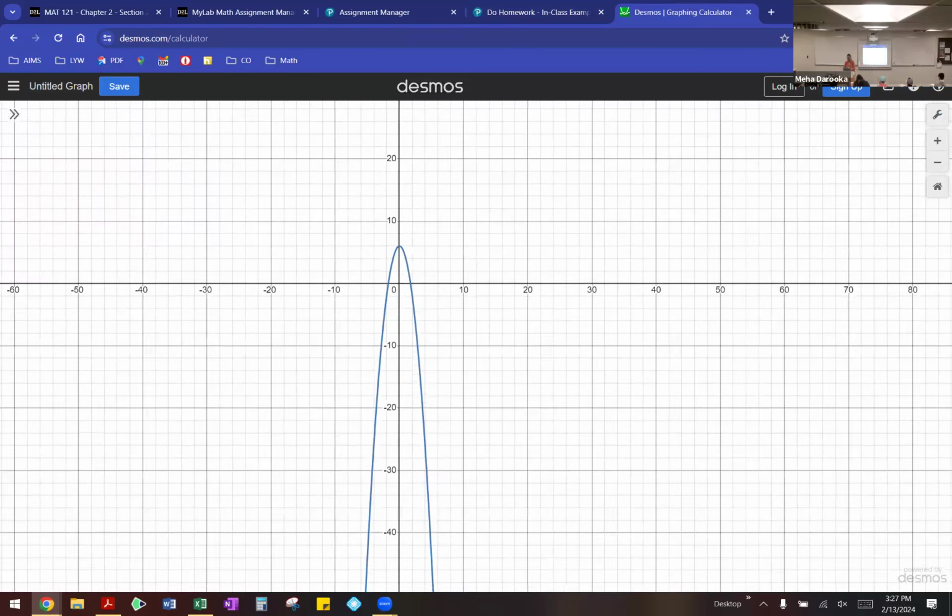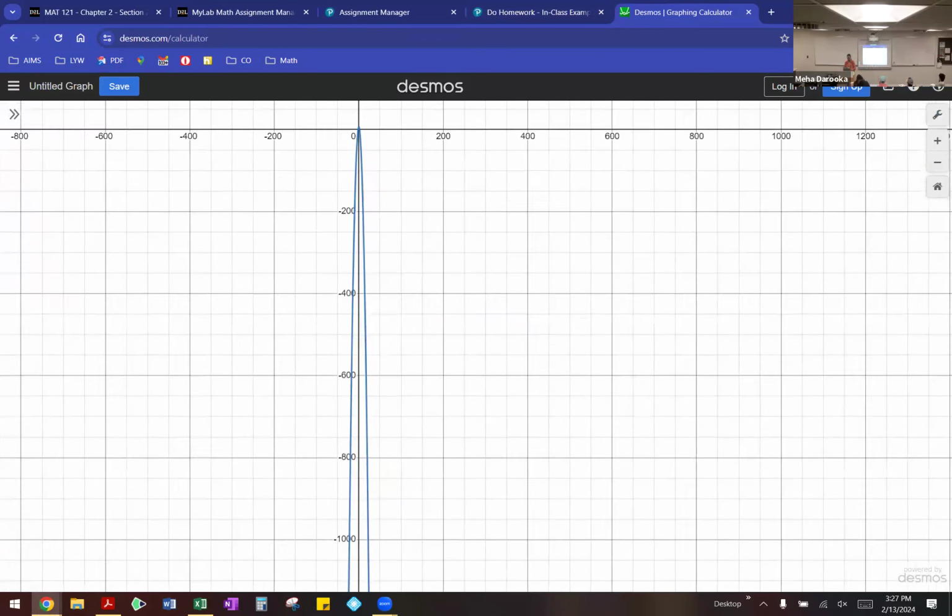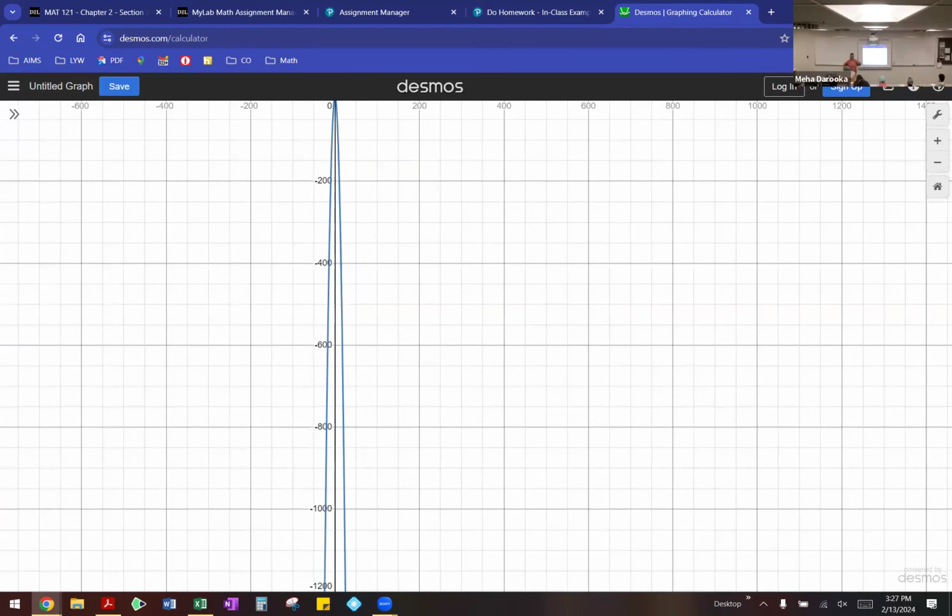So, again, you can kind of zoom out and you will see those arms are going to keep going downwards, right? But that also means they are going to get wide, which means on the left-hand side, it's going to go towards negative infinity on the x-axis. On the right-hand side, it's going to go towards positive infinity.